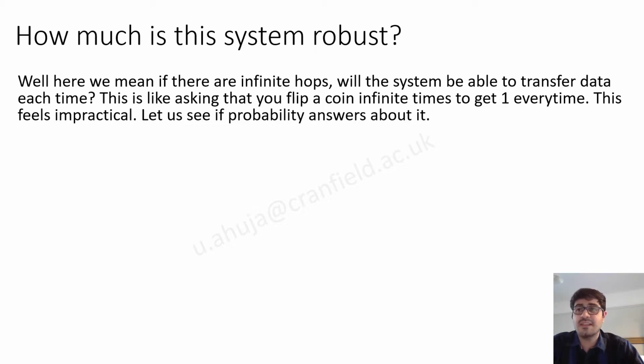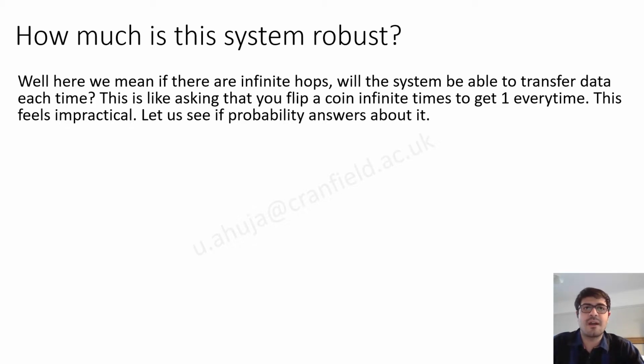This is basically saying that if we increase the number of drones or agents in a swarm, what is the probability that the packet received by the target node will be successful? So we calculate the probability of success with multiple hops, and we want to see how many hops are possible in a system.